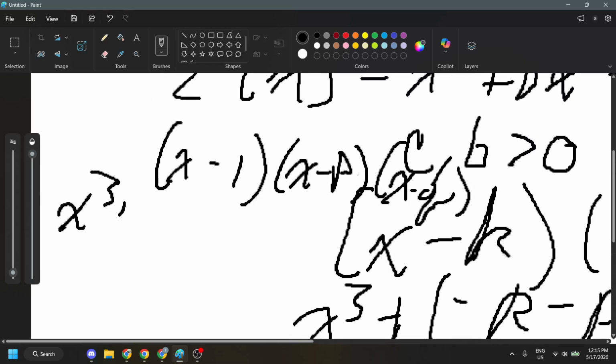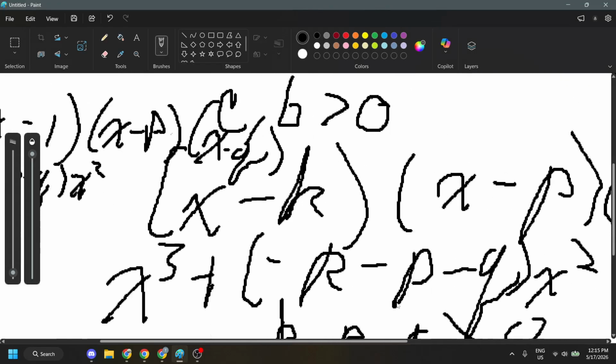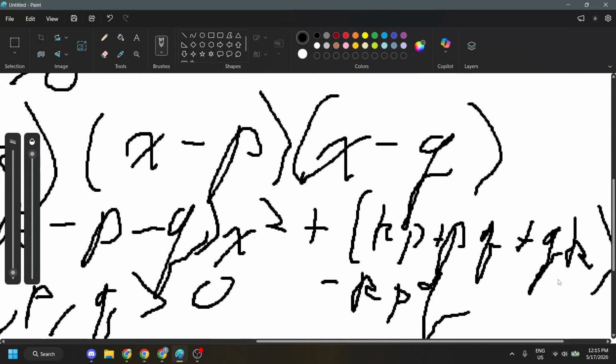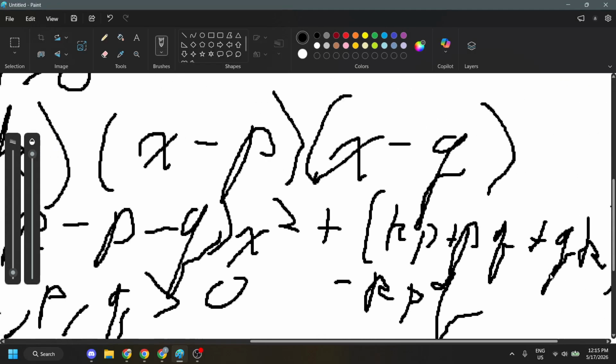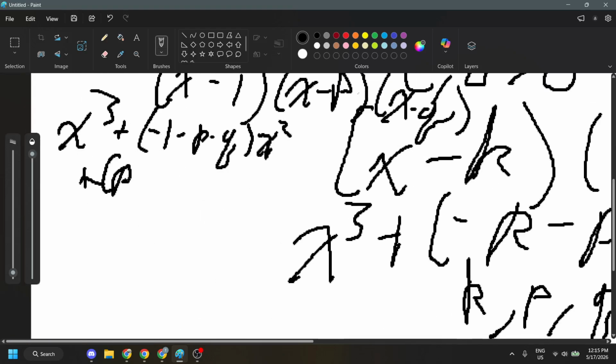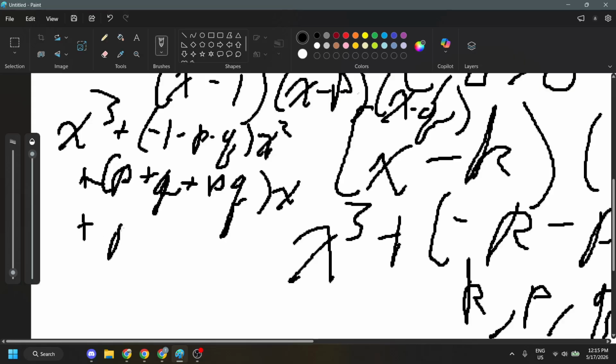We get x cubed plus negative 1 minus p minus q times x squared, plus p plus q plus pq times x, minus pq, I guess.